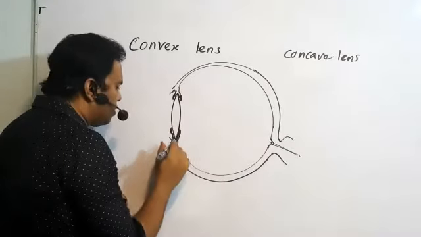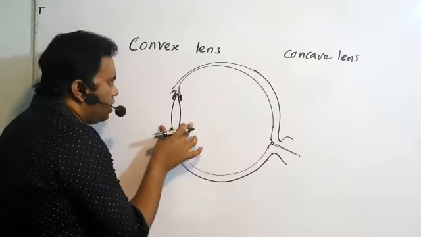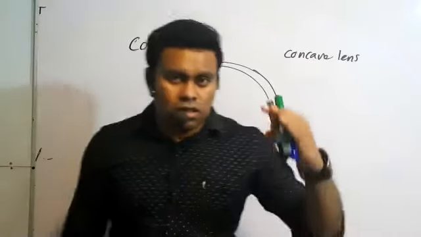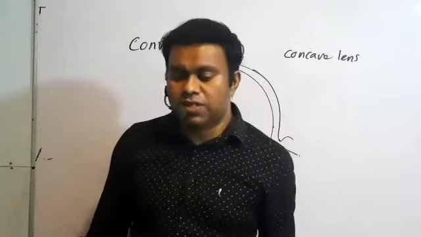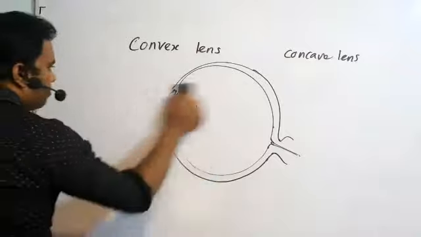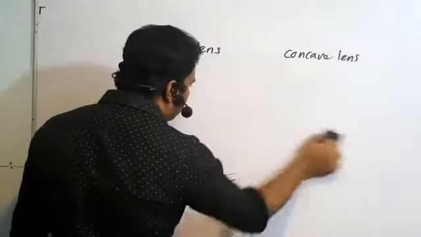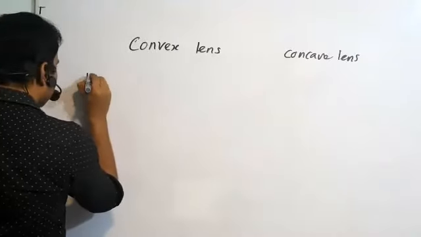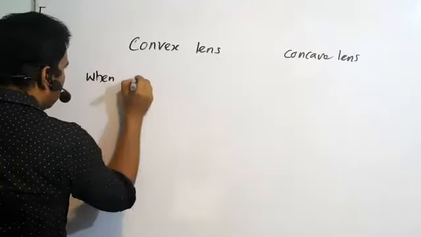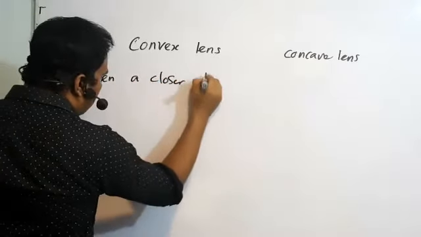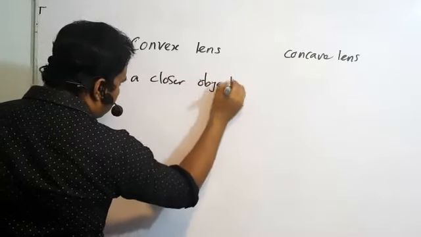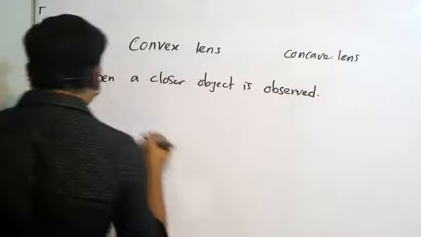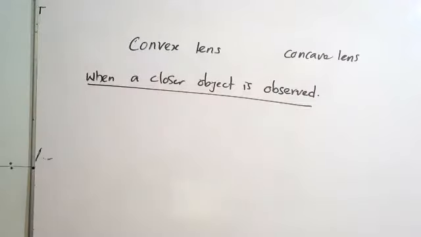So what we need to study is the action of the eye lens. Okay, next point, take down. When a closer object is observed by the eye. Okay, look at this.